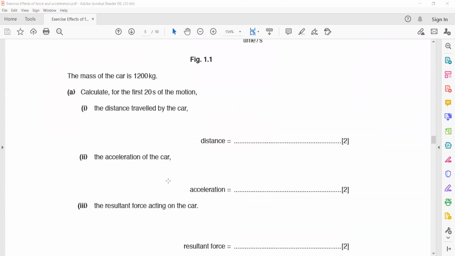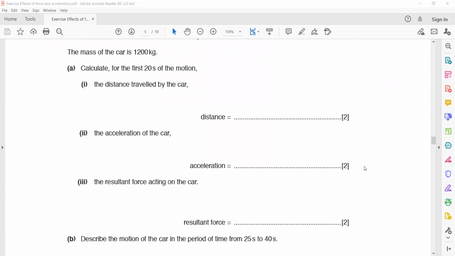Then the resultant force. How do we get the resultant force? The distance travelled we already calculated, it was 130. Acceleration was 0.65 meter per second square. They mentioned the mass of the car is 1200. We need the resultant force. So resultant force F equals ma. Mass is 1200 for this car multiplied by 0.65.